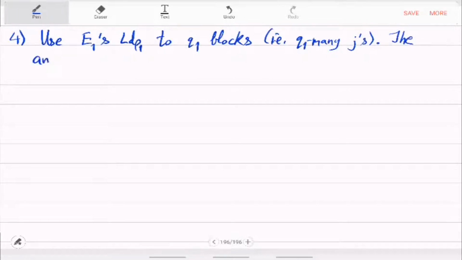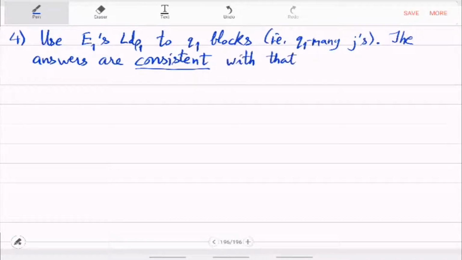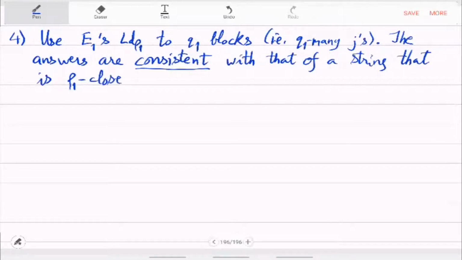So the answers are consistent with that of a string that is rho 1 close to E of x, okay, which is, remember, E2 E1 x.